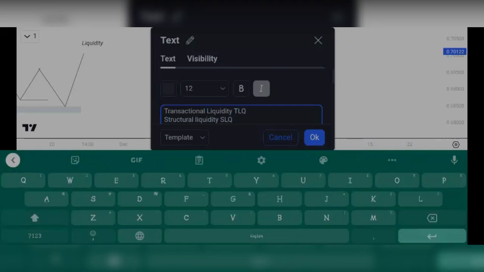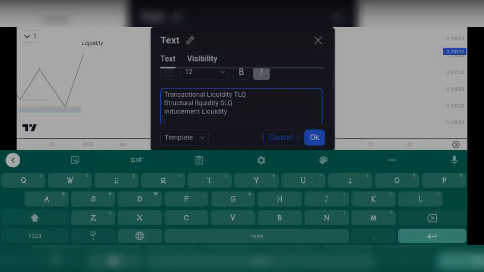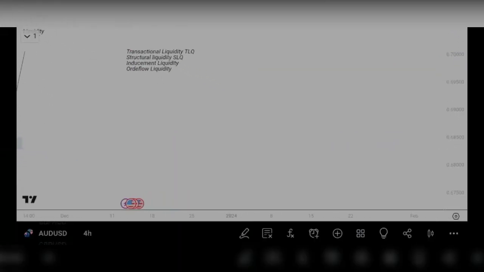We have the inducement liquidity, and we have the order flow liquidity. Now, these are the 4 types of liquidity we have.